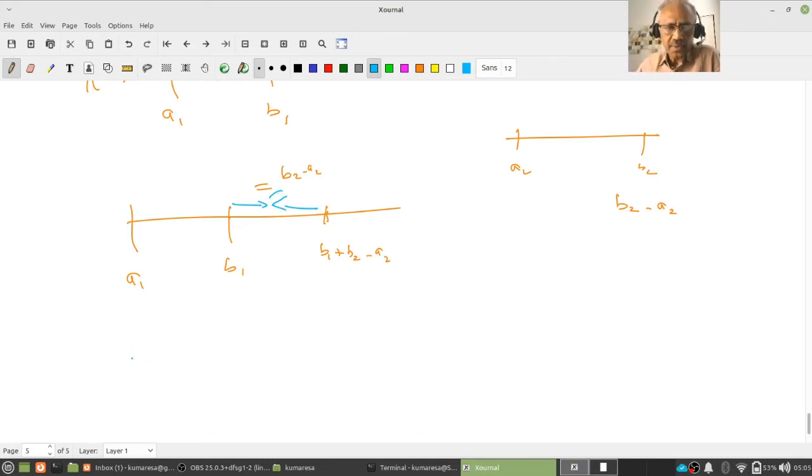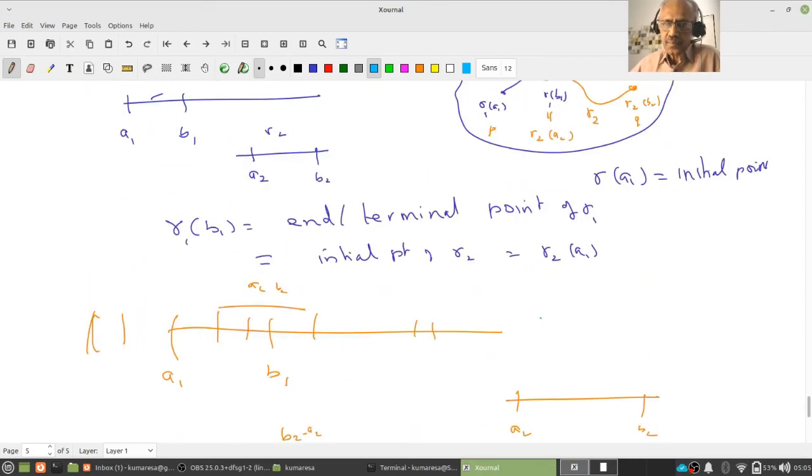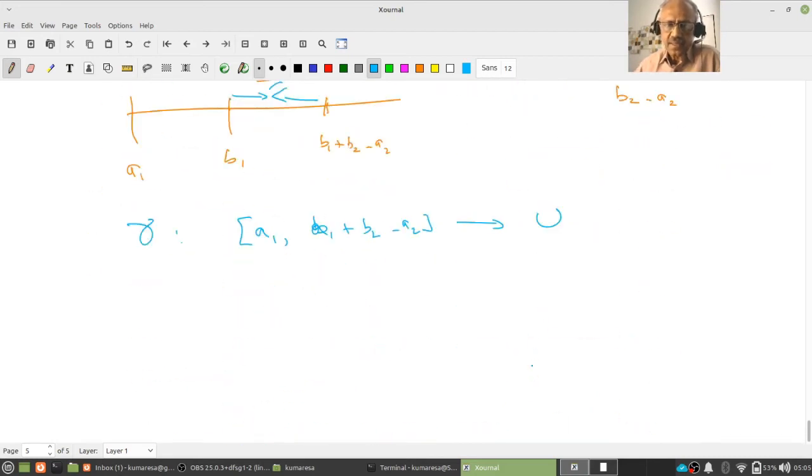So I am going to define a new path gamma from A1 to B1 plus B2 minus A2 into U. How will I define it? Gamma of t on A1 to B1, I don't have to worry about it. It is gamma 1 of t for t in A1 to B1.